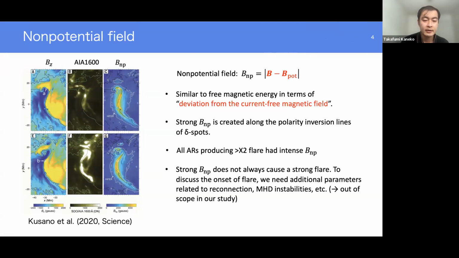We can't say that, because the magnetic energy buildup and the energy release are different processes. So that is a difficult aspect of the flare issue. But today I would like to focus on the energy buildup process, and the energy release part is out of scope in our study.